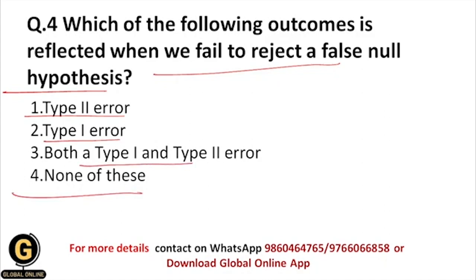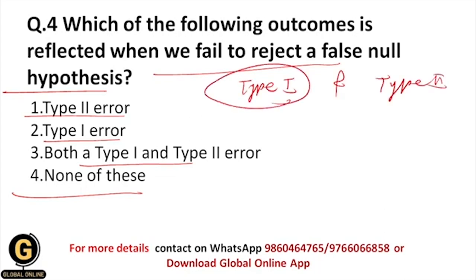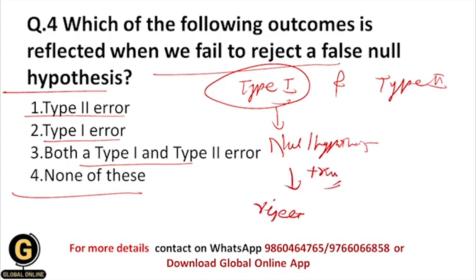So students, basically there are two types of errors in the whole null hypothesis testing part, and those are type 1 error and type 2 error. Within the type 1 error, when will it happen? Whenever there is a null hypothesis and you reject the null hypothesis though it is true, but still you reject it, in that case type 1 error will happen.